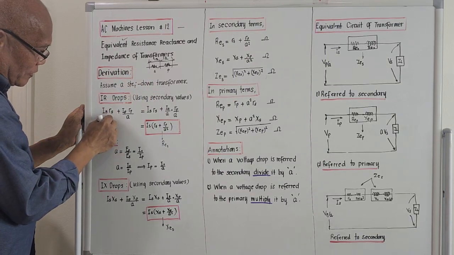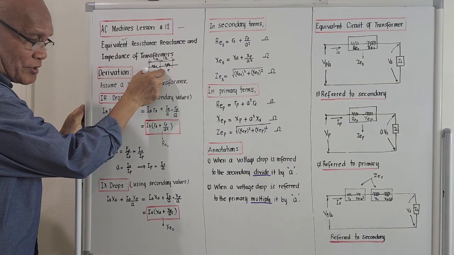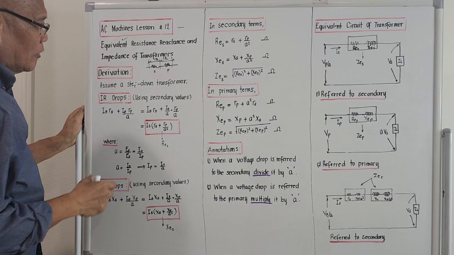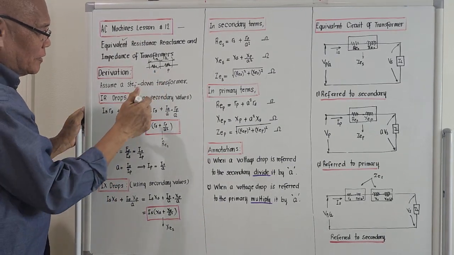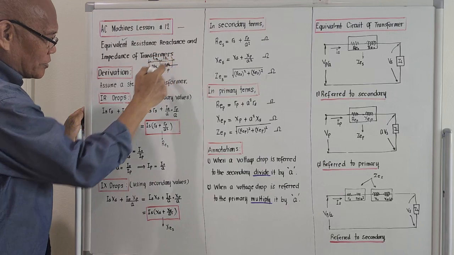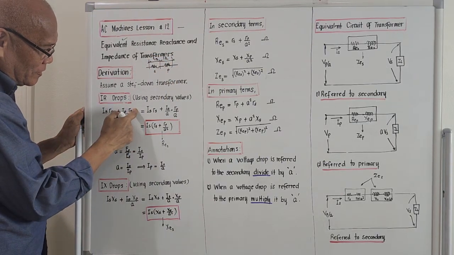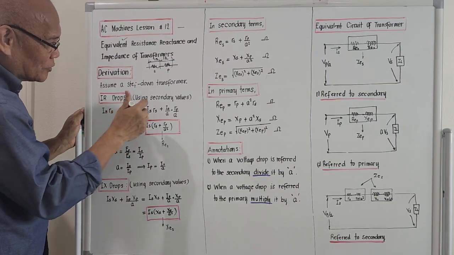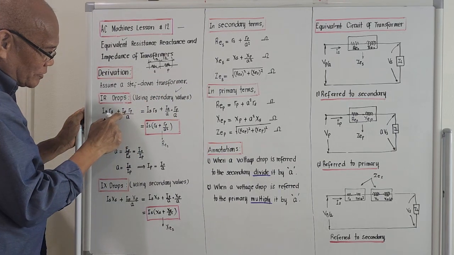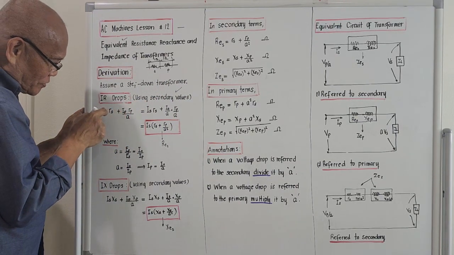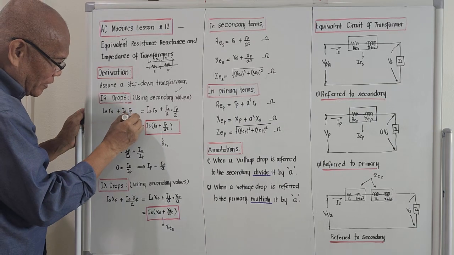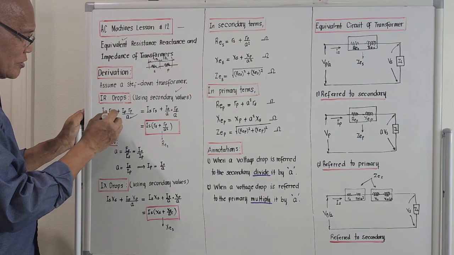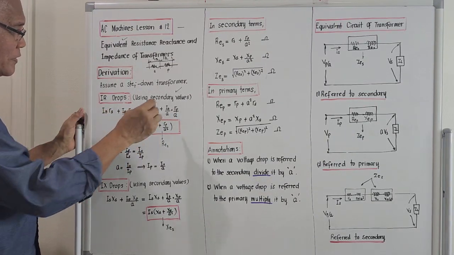The product of I sub S, R sub S is the voltage drop across the resistance portion on the secondary. But how about on the primary? On the primary side, it will still be the product of current times resistance, so this should be I sub P, R sub P. But since our computation for this moment is referred to the secondary, to convert this primary value to its equivalent in secondary, we divide that by A. That's the reason why there is an A over here, because we are computing values referred to the secondary.